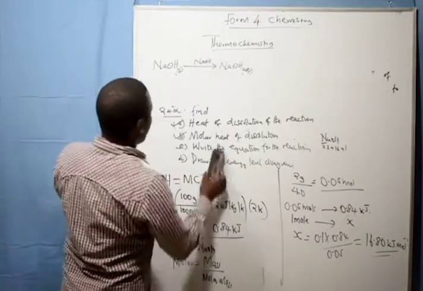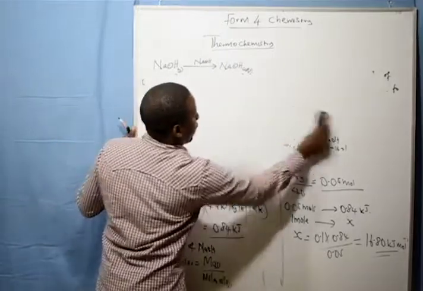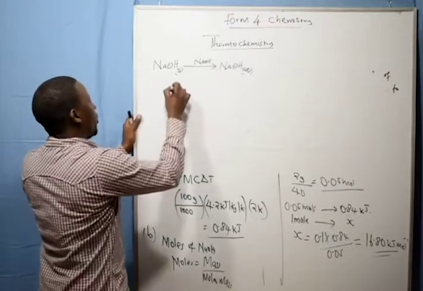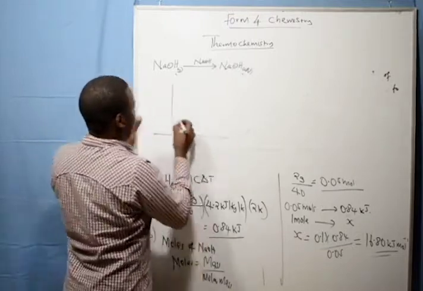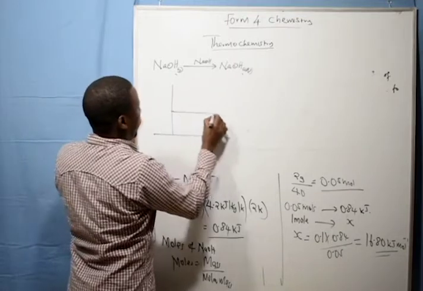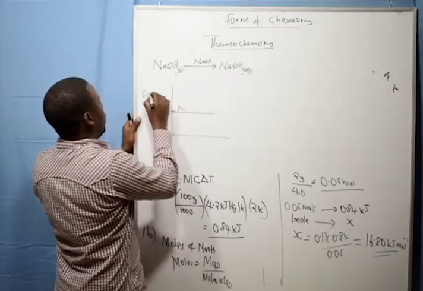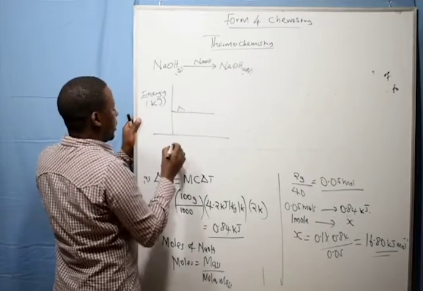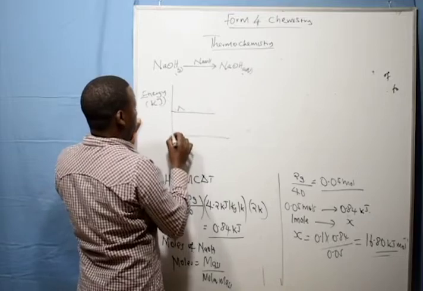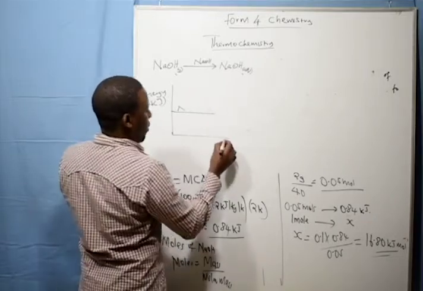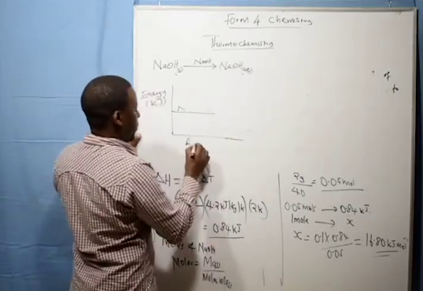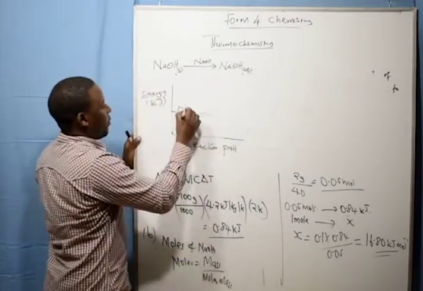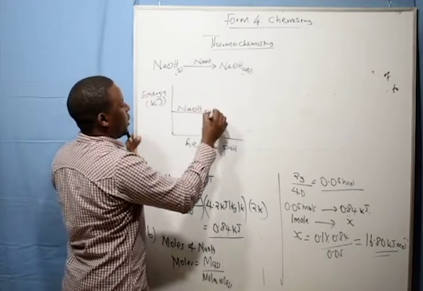The last question will draw the energy level diagram. You draw the energy level diagram, which becomes this. This is energy in kilojoules. This is reaction path. This is sodium hydroxide solid.